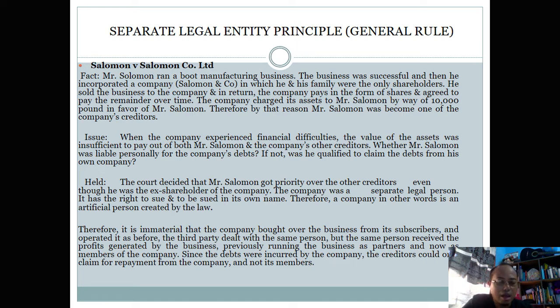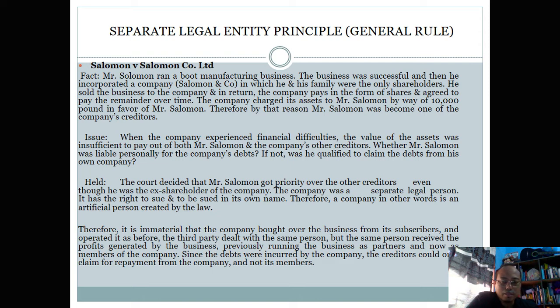Because from the very beginning, we understand that the company owed Mr. Solomon for the sale and purchase price for that business. Okay, in this case, the court held that Mr. Solomon got priority over the other creditors, even though he was the ex-shareholder of the company.